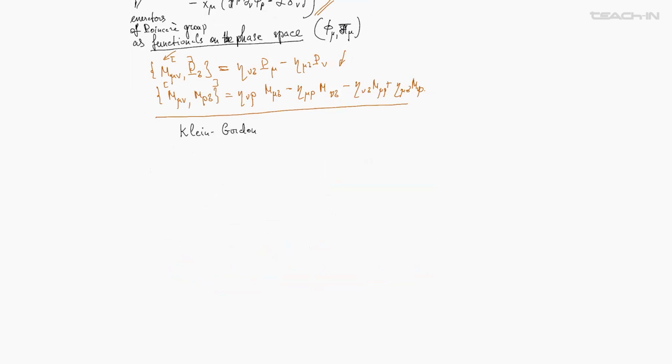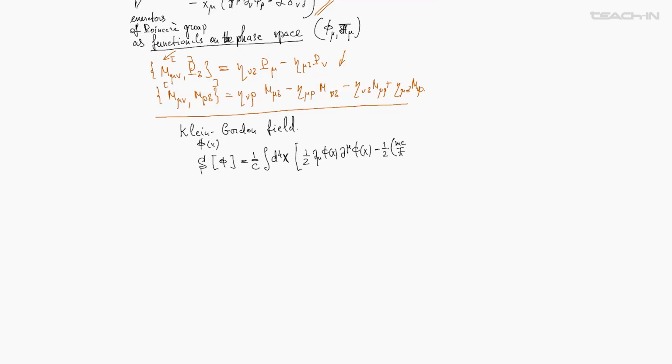So the action for this field, which I continue to denote by φ(x), has the following form, which I will write with all the constants. So 1 over c, 4-dimensional integral. Here 1/2 ∂_μ φ(x) ∂^μ φ(x), minus 1/2 (mc/ħ)² φ²(x).